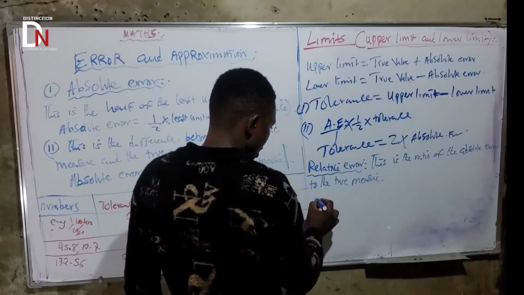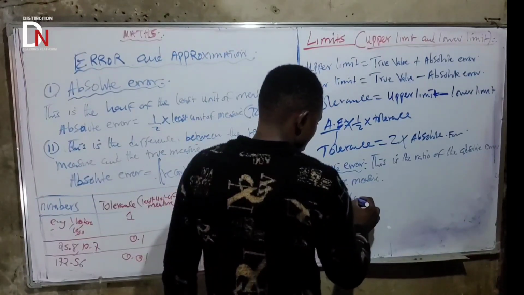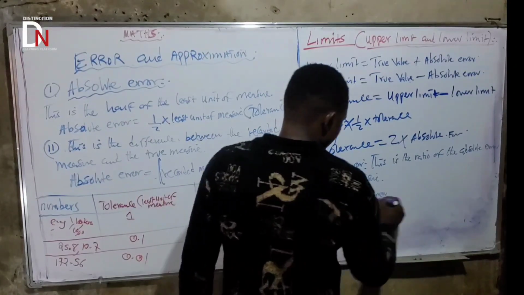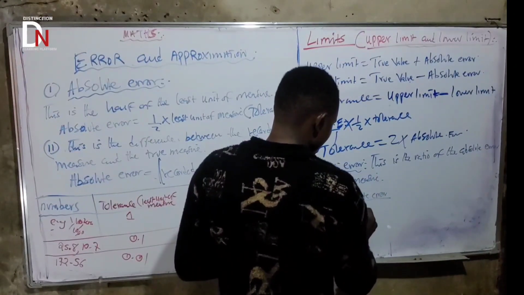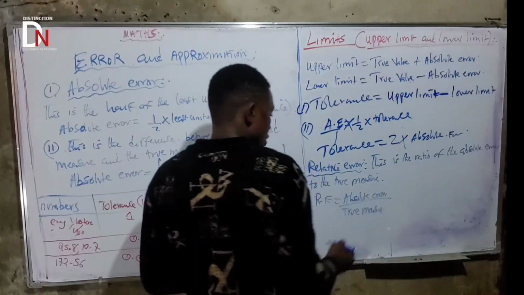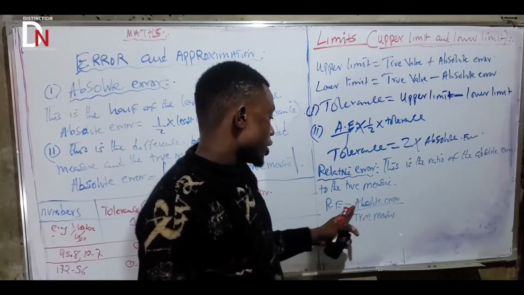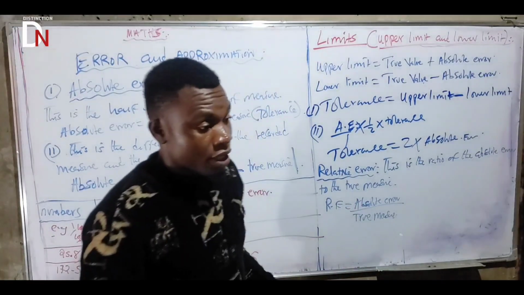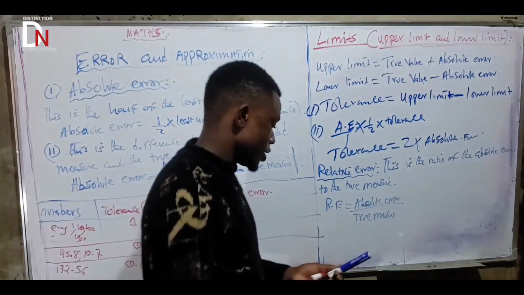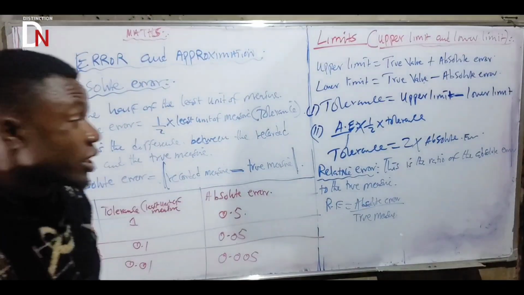Implying to say relative error is equal to absolute error divided by true measure or true value. Okay, so this is the formula. Basically, relative error is equal to absolute error divided by the true measure or the true value or the true length.